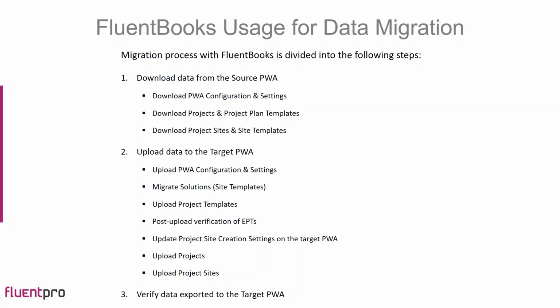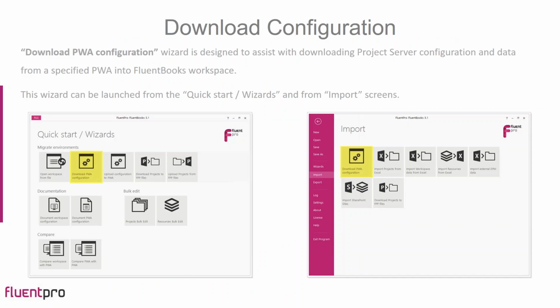And I would like to show you just screens from FluentBooks to have an insight of what wizards are used for the migration and how they can be accessed in FluentBooks. So PWA configuration and settings should be downloaded using the Download PWA Configuration wizard, and you can find this wizard on two screens in FluentBooks.